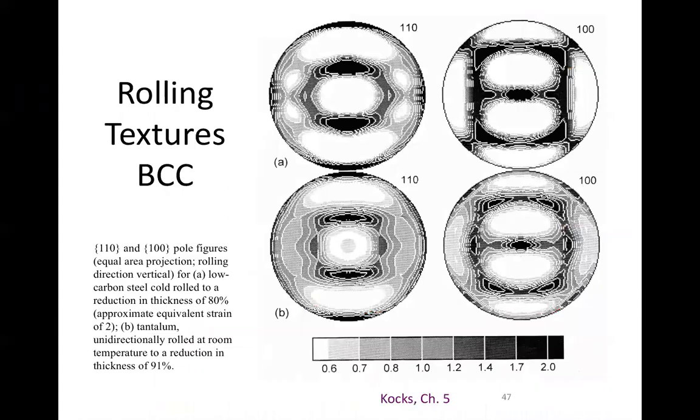Right, this is just another one. So here we are, rolling textures, BCC. Right, so this is low carbon steel. What you'll notice is the 110 BCC rolling PDF looks a lot like the 111 rolling PDF for rolling in FCC, right?